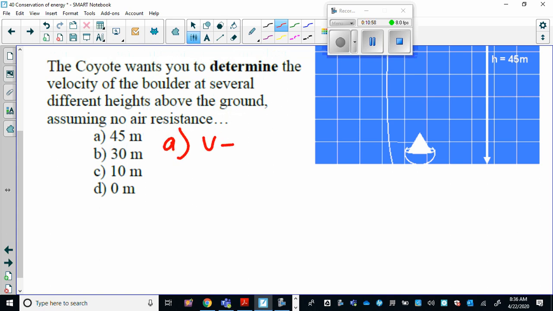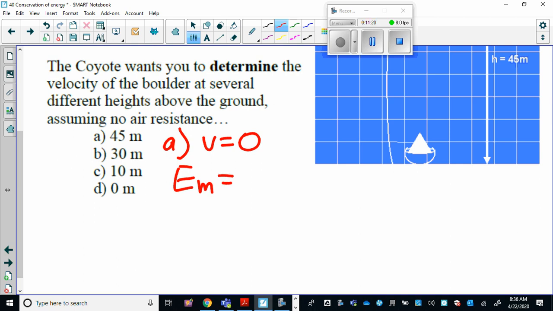A, you don't even have to do any work for that. You can just say at A, it's 0. However, what we are going to do for A is calculate the mechanical energy of the boulder. Because remember, the mechanical energy stays constant no matter what point above the ground it is. So let's just calculate the mechanical energy.